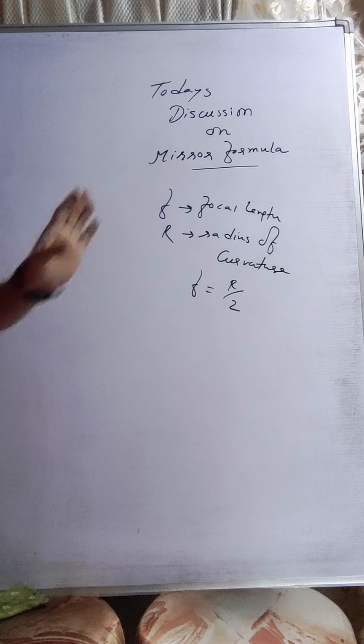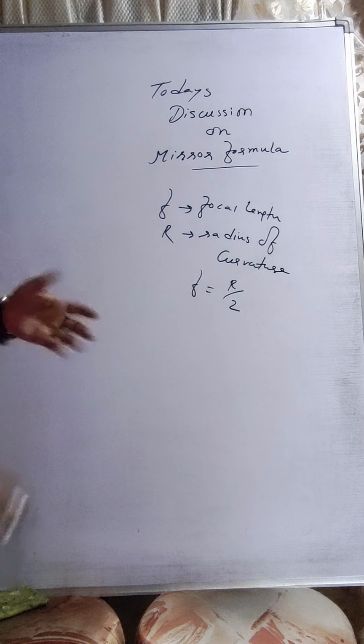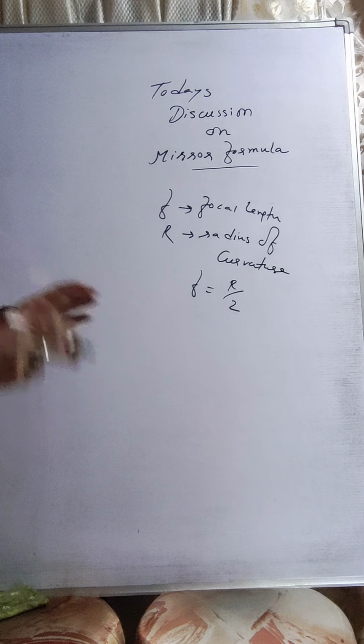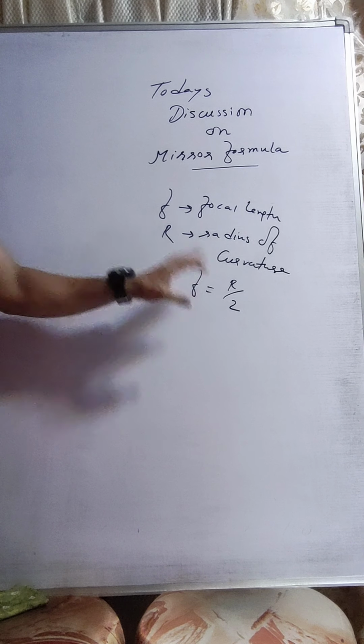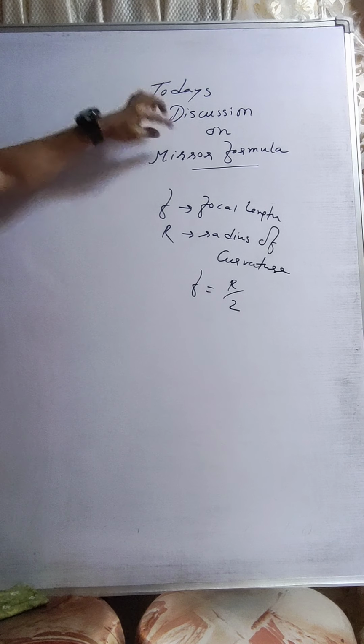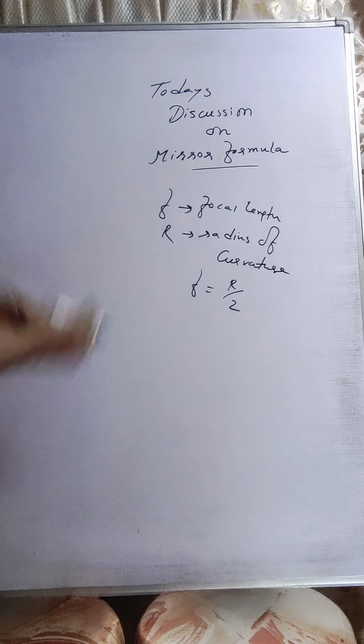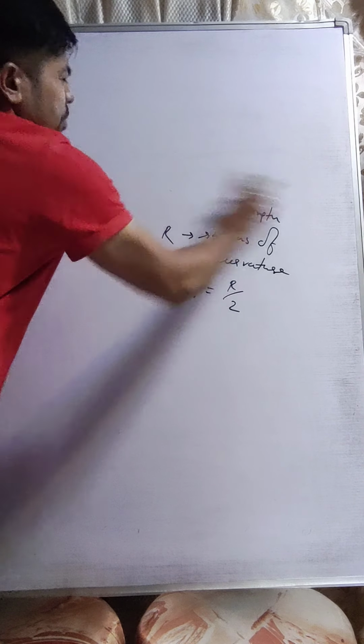Whether it is a convex mirror or a concave mirror, both are spherical mirrors, so the relation is the same: f equal to r by 2. Now we are going to discuss the mirror formula. Note it down, mirror formula.